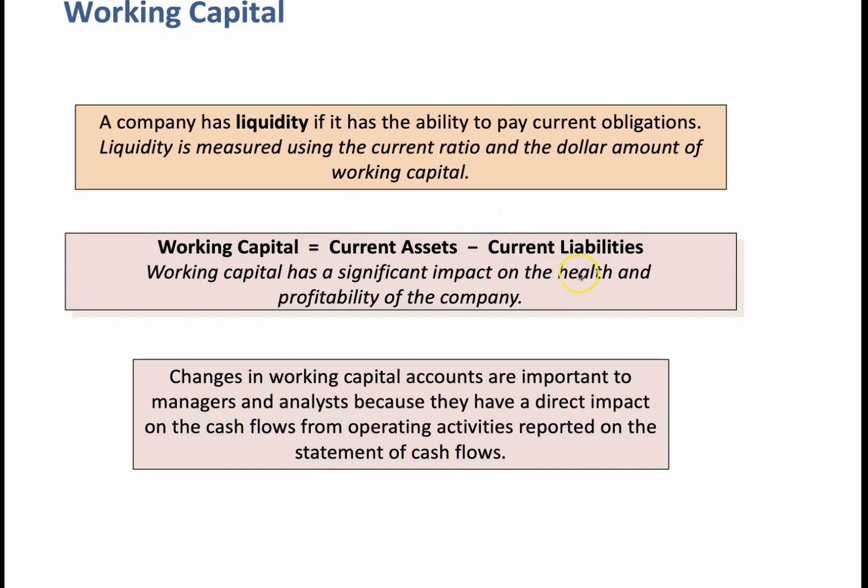That's why working capital has a significant impact on the health and profitability of the company. Changes in working capital accounts are important to the managers and analysts. They would try to look at the change of working capital, or the change of current asset versus current liability, to try to determine how healthy the firm is.